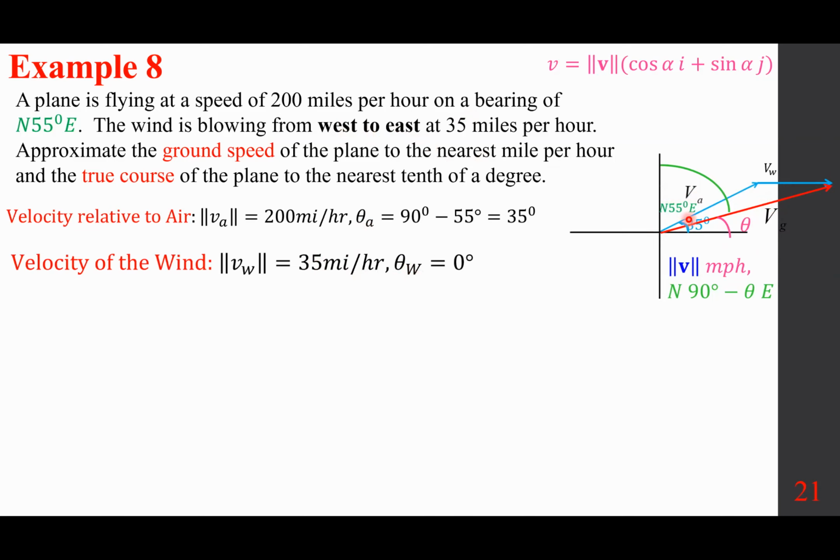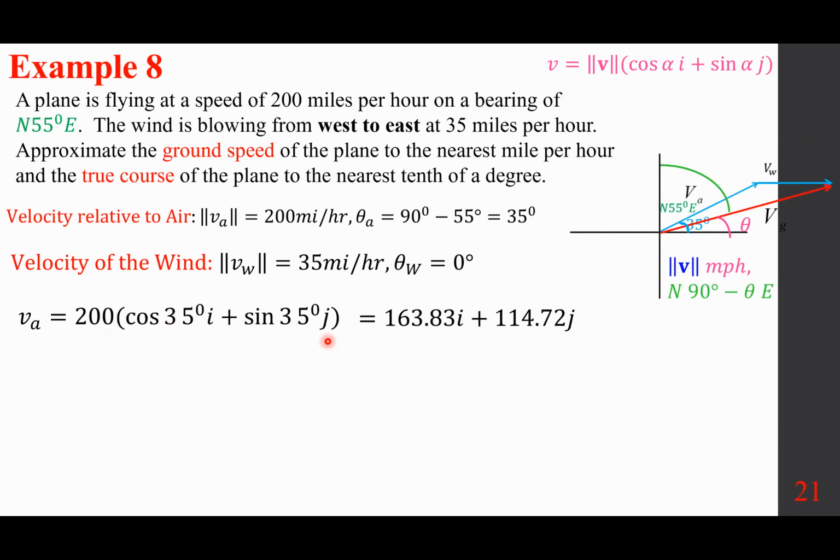Simply put, V is the sum of VA and VW. V sub A, according to this formula, is 200 cosine of 35 degrees i plus sine 35 degrees j. At this point, you put it into a calculator and approximate it, because it's not a common arc.